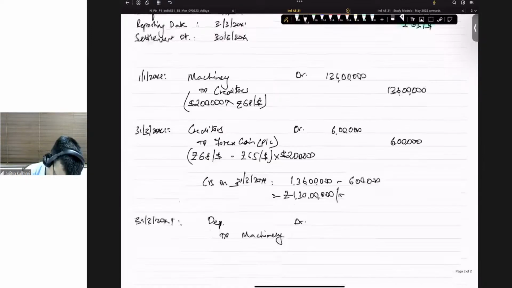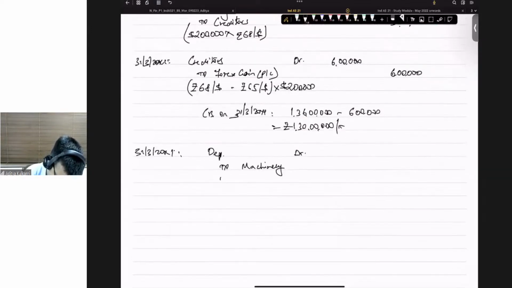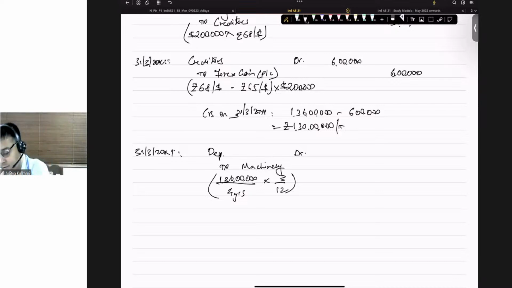So this is going to be 34 lakhs divided by 4 years into 3 by 12. So that comes to how much? 8,50,000.